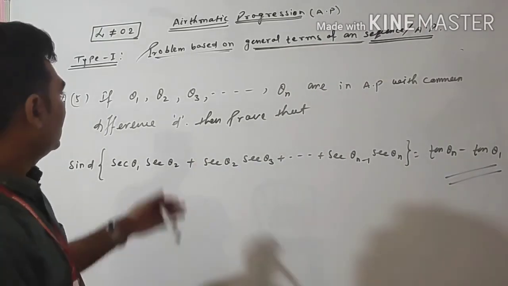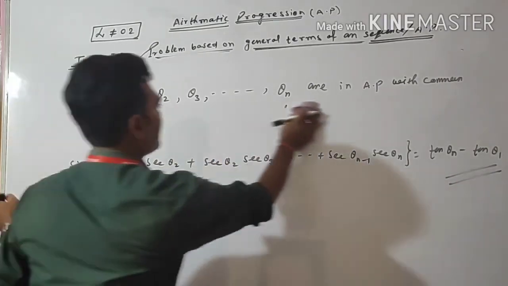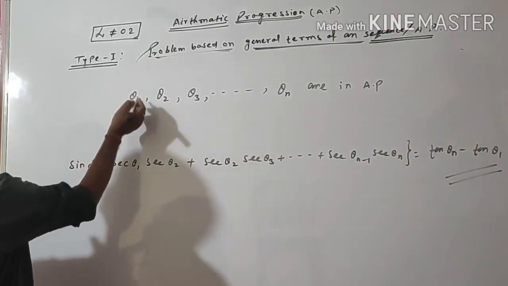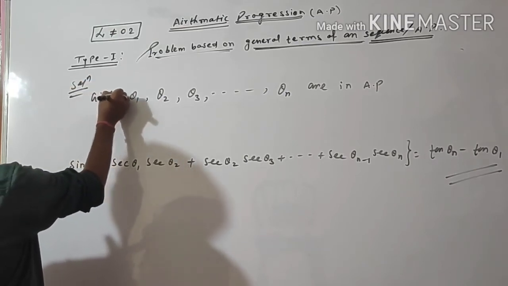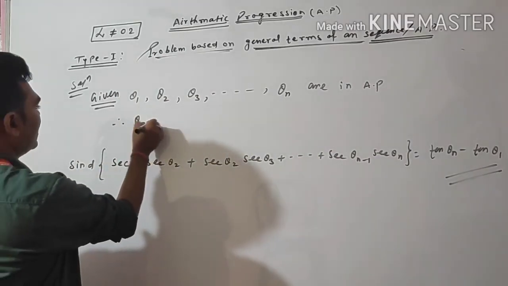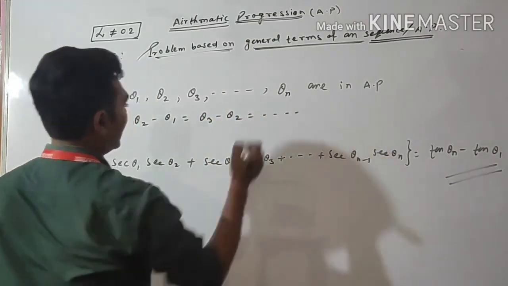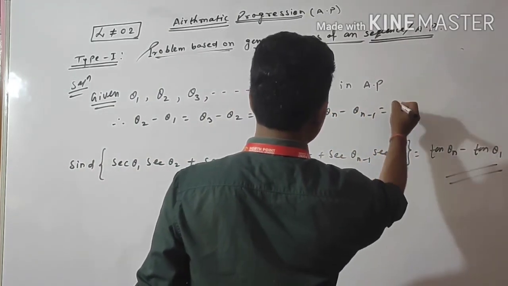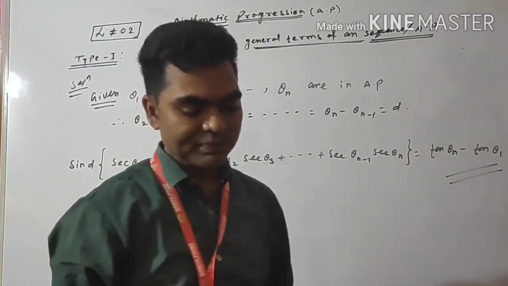So first, here given solution: given are in AP. Therefore theta 2 minus theta 1, theta 3 minus theta 2 and finally theta n minus theta n minus 1 equals D. Have you any problem?